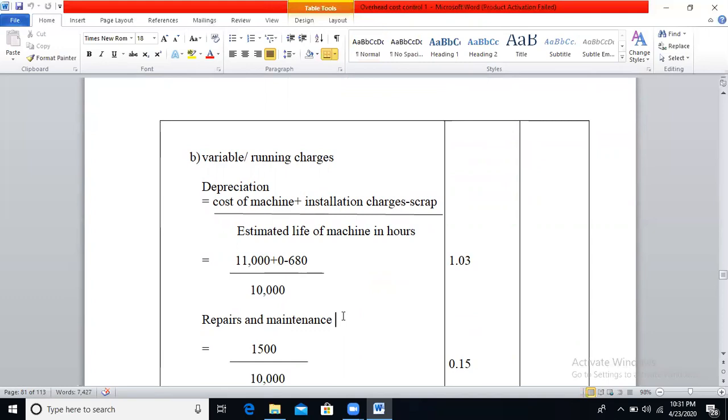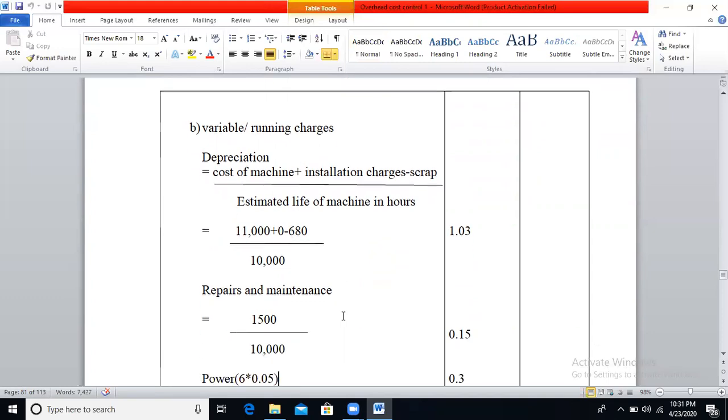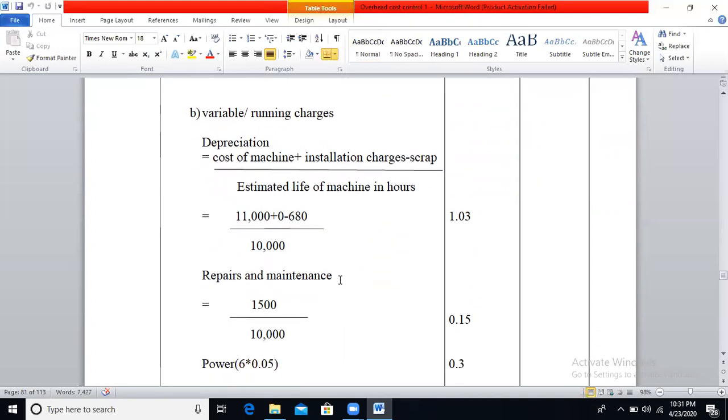The second item of variable expenses will be repairs and maintenance. So what's the basis we have considered for repairs and maintenance? Estimated life of machine in hours. Here they have given for a 4 weekly period. The estimated life of the machine will be 10,000 hours.